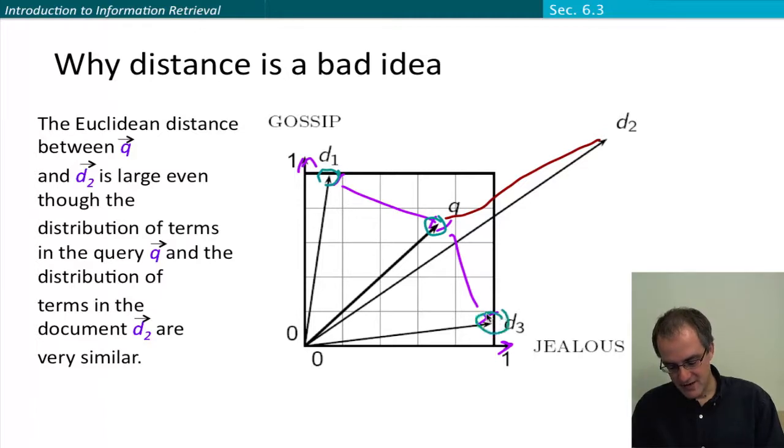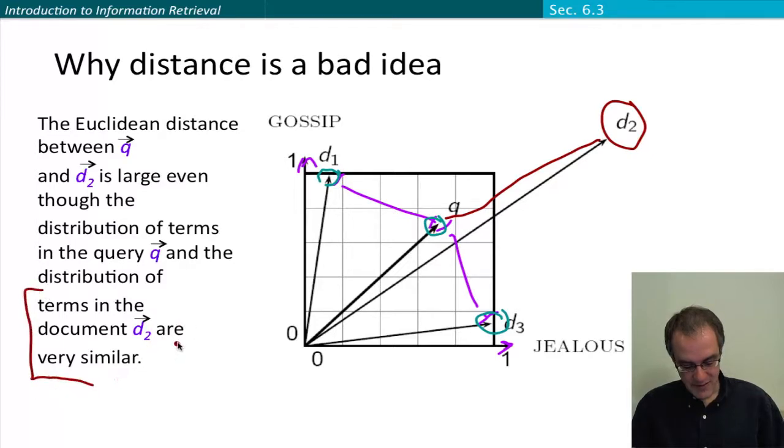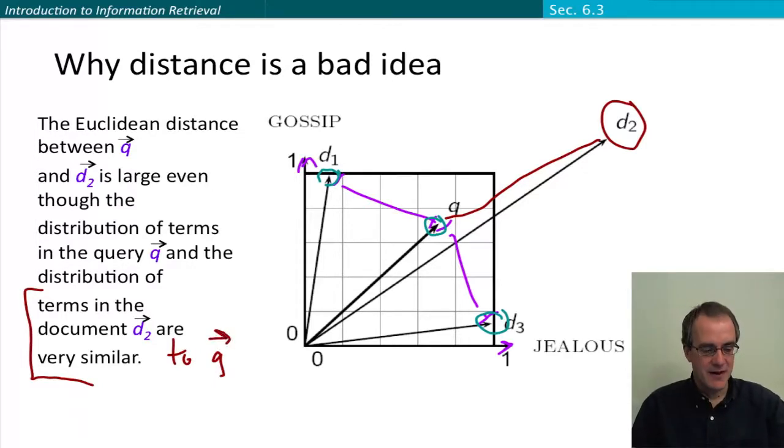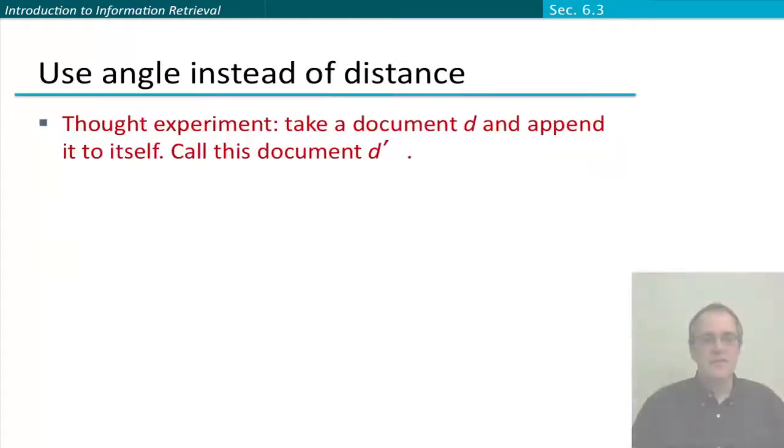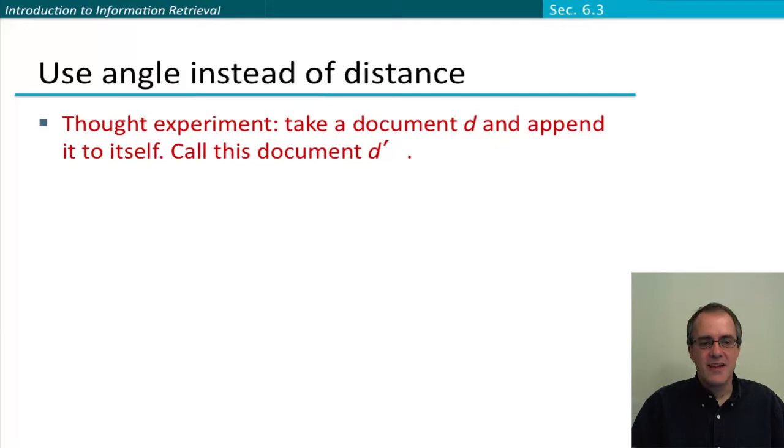And document 3 has a lot to do with jealousy and nothing to do with gossiping, whereas document 2 seems just the kind of document we want to get, one that has a lot to do with both gossiping and jealousy. So the terms in the document D2 are very similar to the ones in Q. So we want to be saying that that is actually the most similar document. And so this suggests a way to solve this problem and move forward. And that is, rather than just talking about distance, what we want to start looking at is the angle in the vector space. So the idea is we can use angle instead of distance.